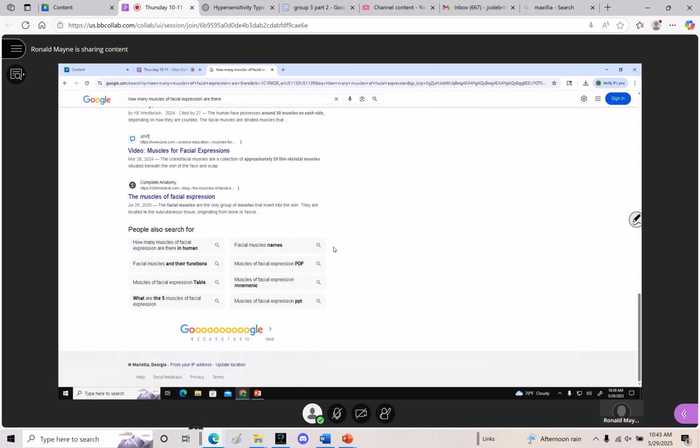The reason you get these variations in numbers is because there's variation in muscle. A lot of the facial muscles are small and they get incorporated in the connective tissue that holds the face together.